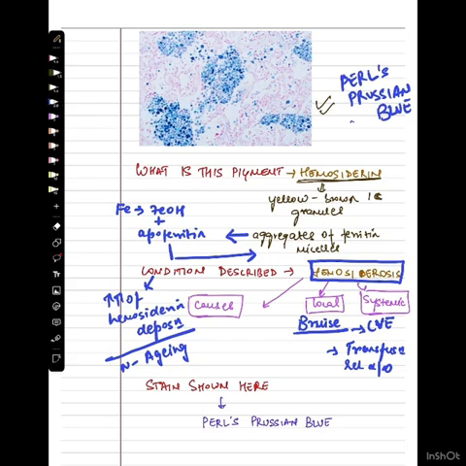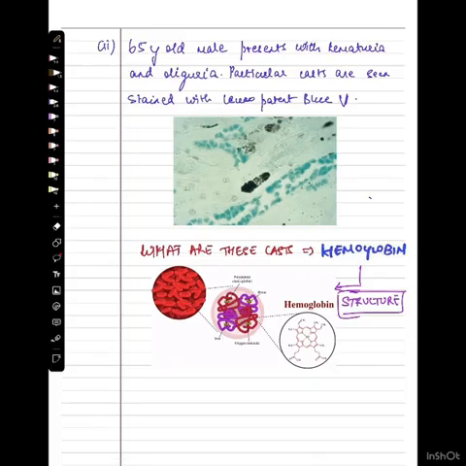Basically, the ferric ion reacts with dilute potassium ferrocyanide solution and that produces an insoluble blue compound, which is called ferric ferrocyanide, also called Prussian blue. So this is about hemosiderin.